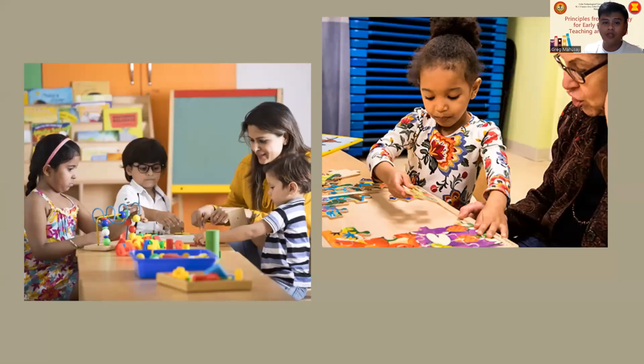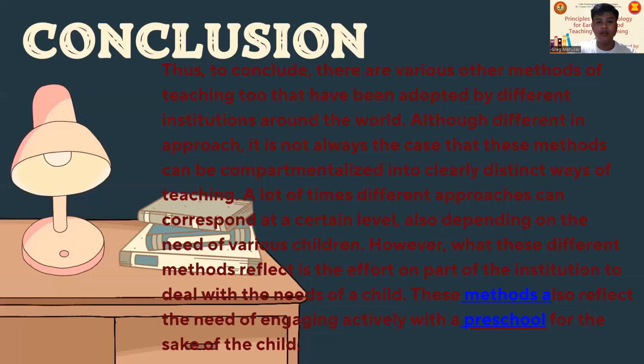And so in conclusion, for the selection of teaching method, to conclude, there are various other methods of teaching that have been adopted by different institutions or schools around the world. Although different in approach, it's not always the case that these methods can be compartmentalized into clearly distinct ways of teaching.